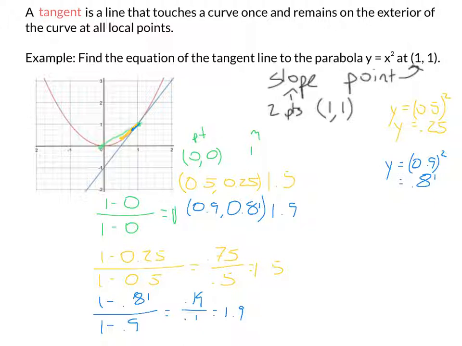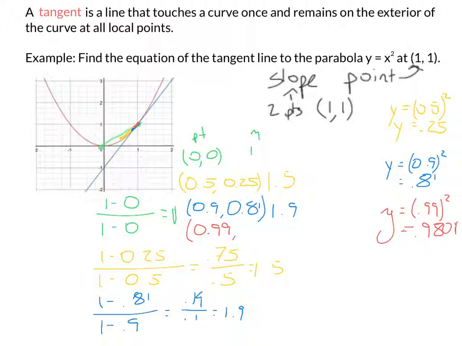Let's try to get even closer still. If I go way up here and connect. So we'll say I'm at 0.99. And what's my y value? Well, this requires knowing what 0.99 squared is, and it happens to be 0.9801.